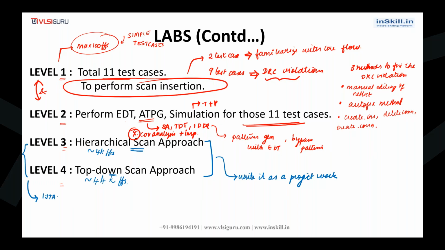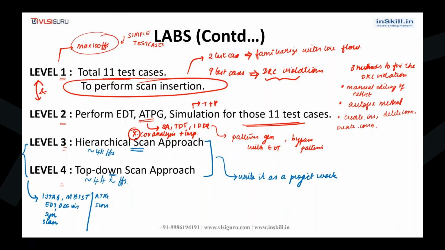In level 3 and level 4 projects we cover the entire flow, that is IJTAG and MBIST insertion, then EDT, OCC insertion, synthesis, then scan, then ATPG, simulations, all these things we will cover.